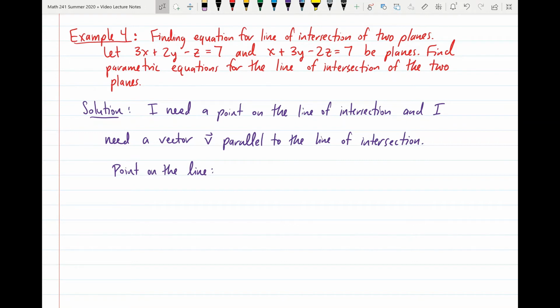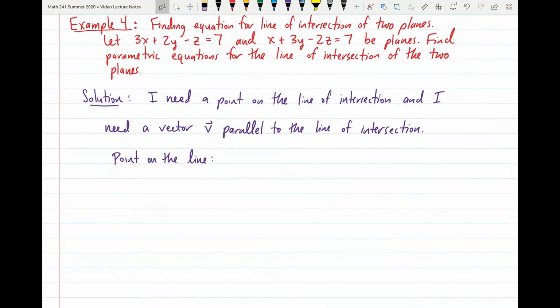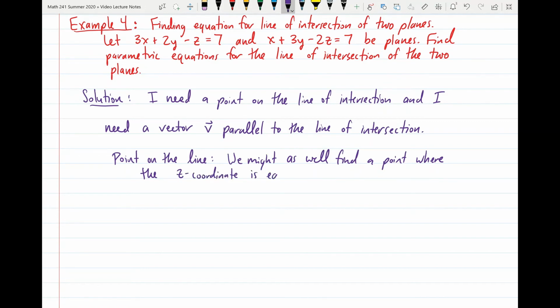But to simplify the problem, we might as well find a point where the z coordinate is equal to 0.